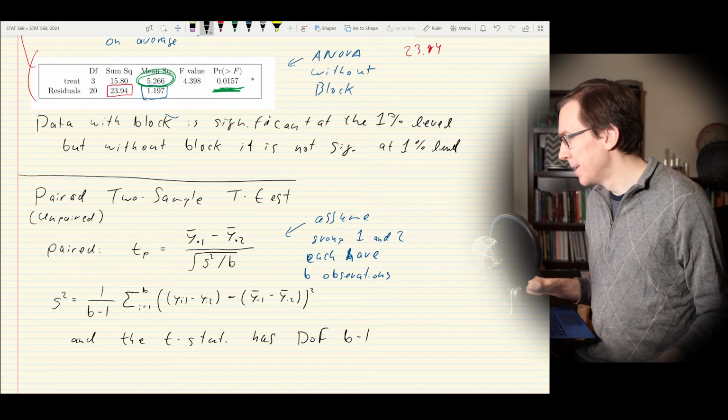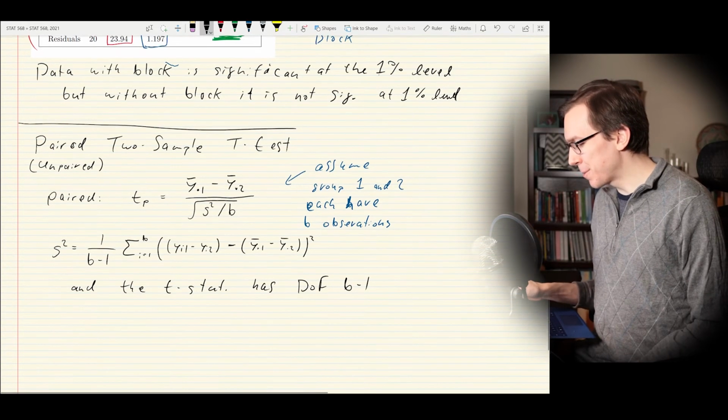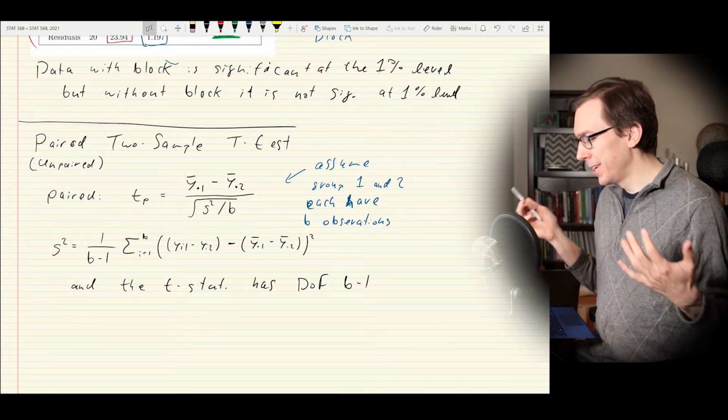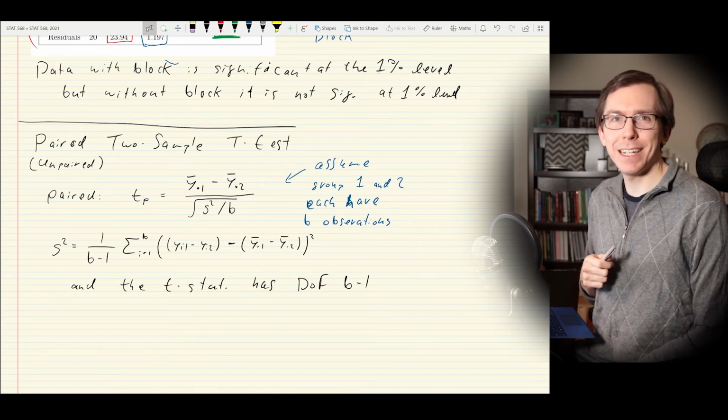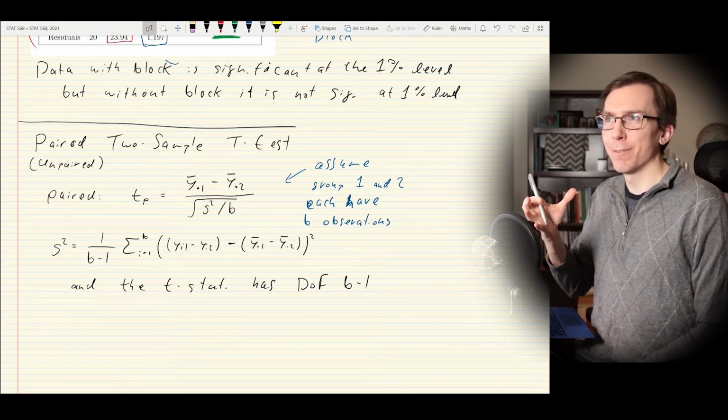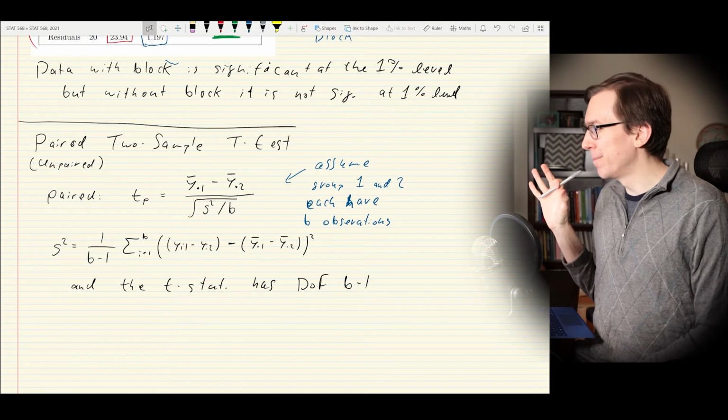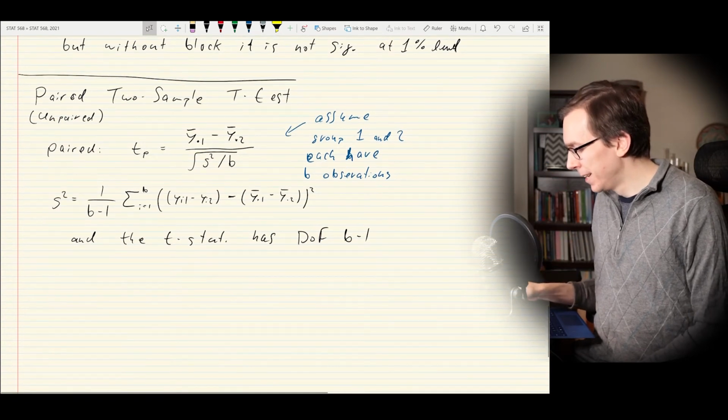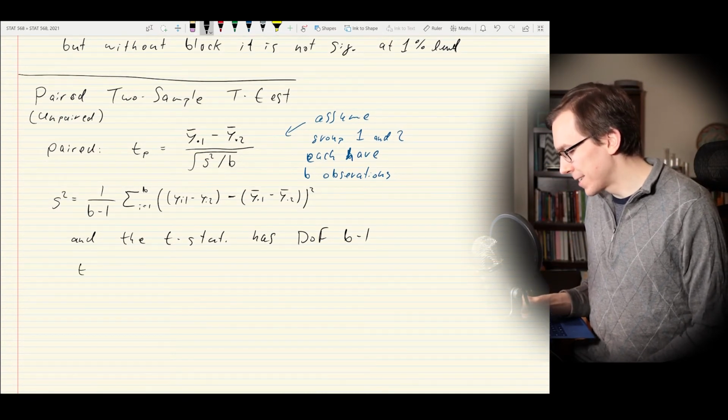B minus 1. So this you could just do from our usual two-sample t-test, right? You don't need to understand randomized block designs to understand a paired t-test, but if you considered this as an ANOVA table, we would have a treatment, a block, and a residual.